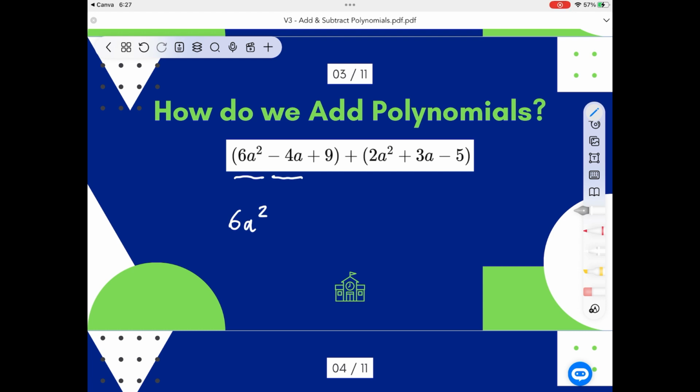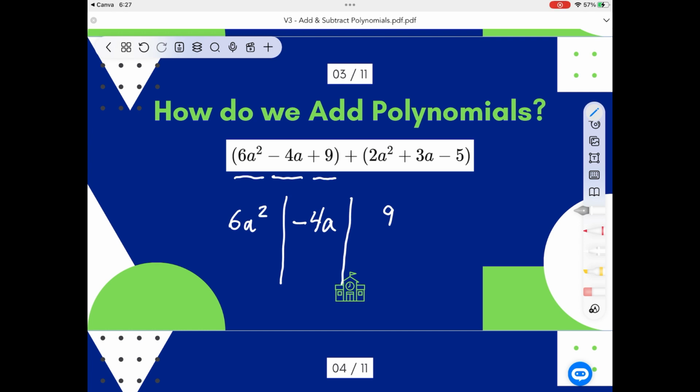That is not a like term with the 6a squared because it does not have the squared. Okay, it's just got an a. And then I have a positive 9 or a plus 9. That's a constant. That's not like the a squared or the a term, so it needs its own column as well. And I want to separate these with lines to just show which groups they belong to.